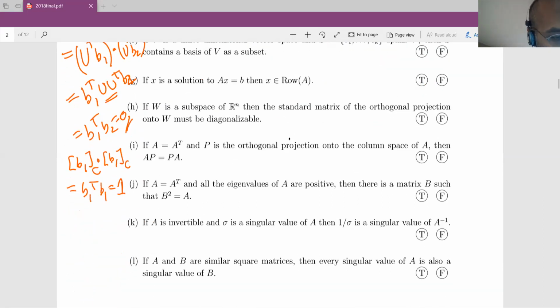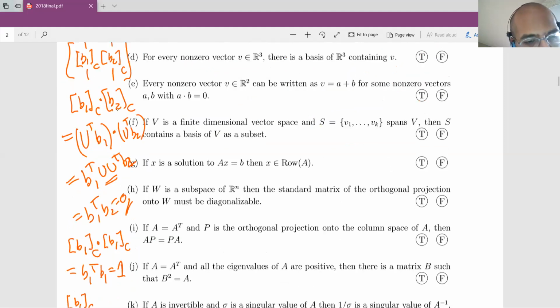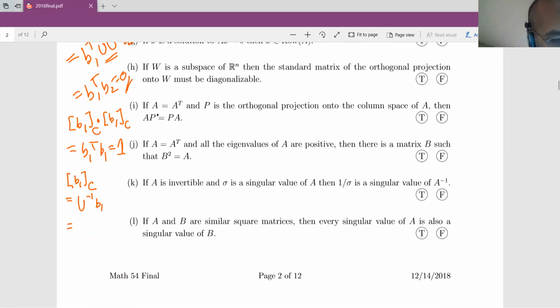So B1 in C coordinates is U inverse B1. That's just the formula, because remember, U is a matrix whose columns are C1 and C2. But what's U inverse? It's U transpose, because it's an orthogonal matrix. Does that make sense?